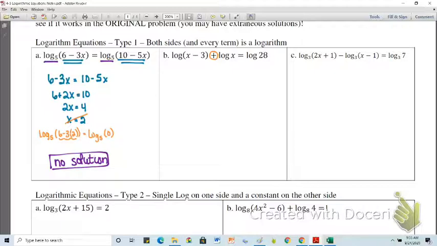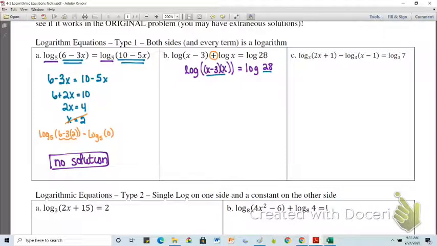So I'm going to rewrite this as log of x minus 3 times x equals log of 28. Now I have log equals log, so I can set both sides equal.